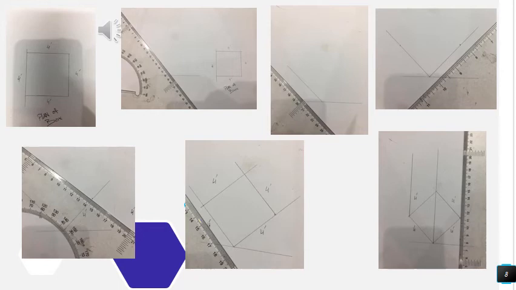Okay, and then in the last slide we can see that when we have a 90-degree angle at the edges of the square, it is going to be shown as the height of the object. Now at the 90 angle, whatever line we take, it shows the height of that object.